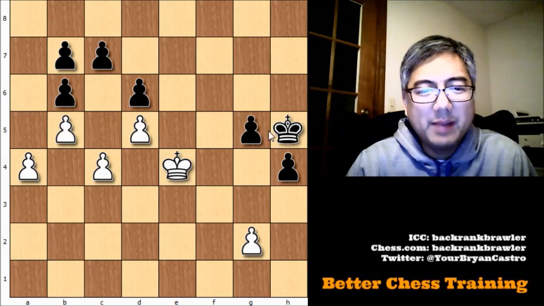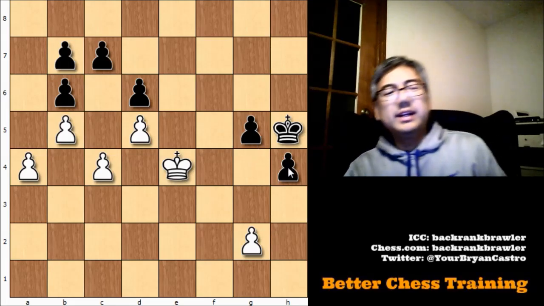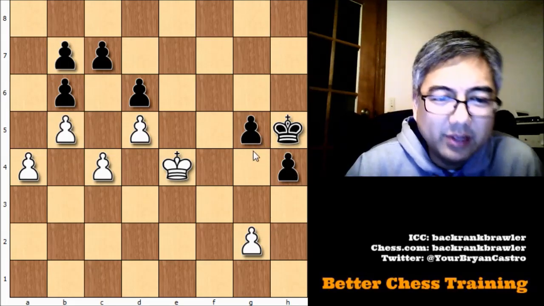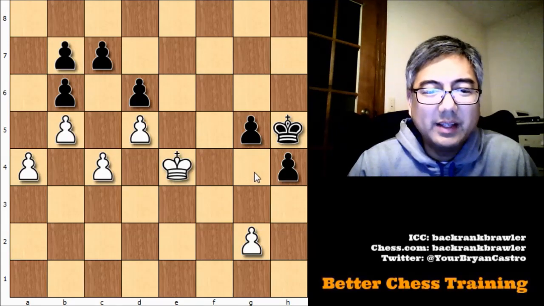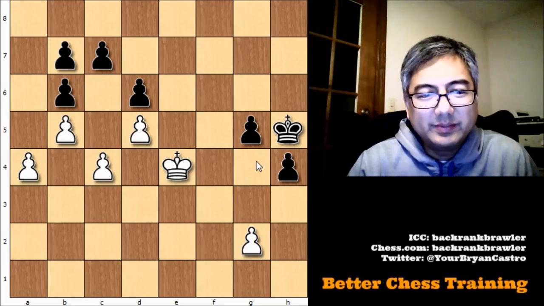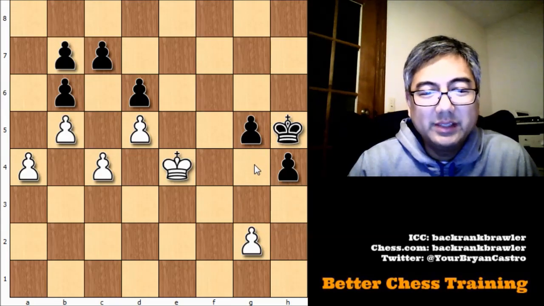So what you can do here is consider what would happen if black were to try to push the pawns. You'd probably start with g4. And after g4, can you ignore that? Well, what is he going to try to do here?